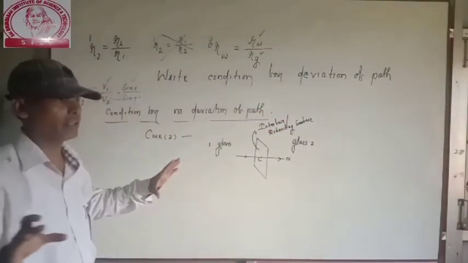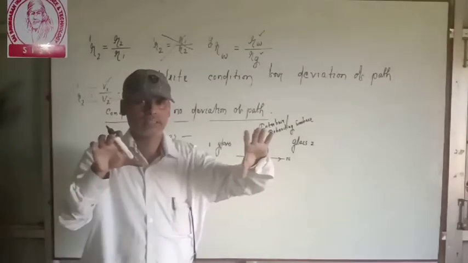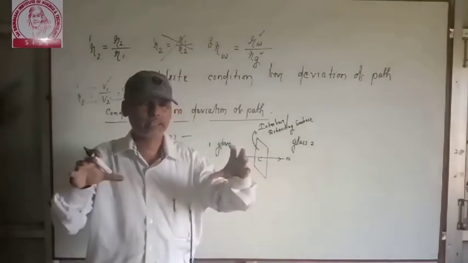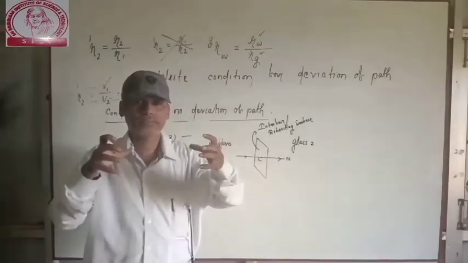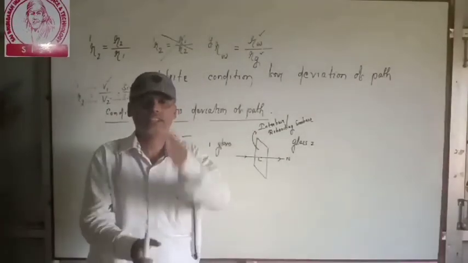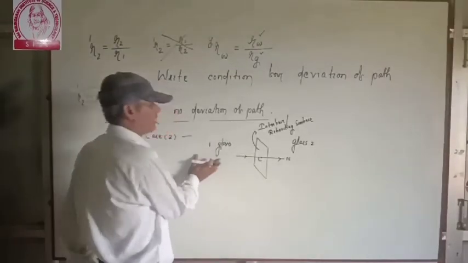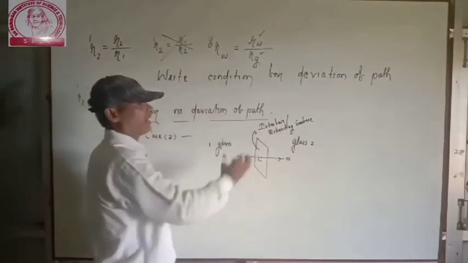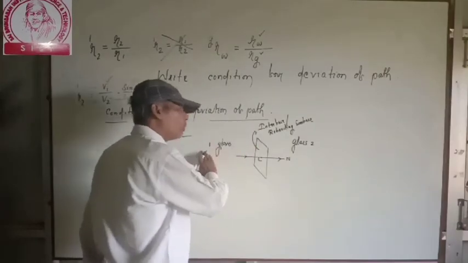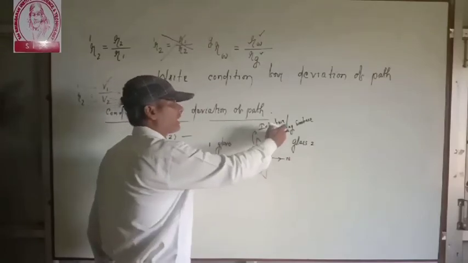Let's take two glass slabs and join them, face to face. The common face is called the interface. This side is glass, this side is also glass. The surface separating both the glass media is called the interface or refracting surface.